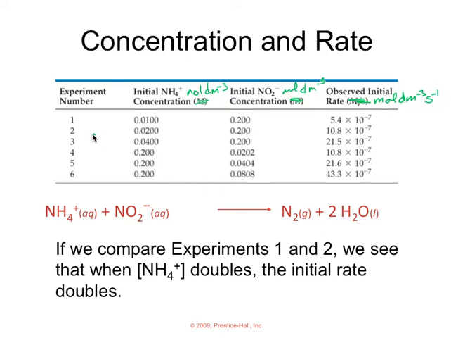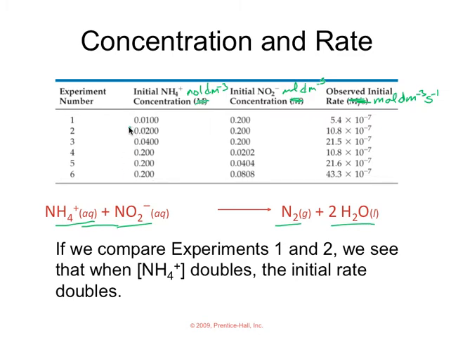Here is data. We have run 6 experiments changing concentrations. Okay, some of them you notice are the same, and then they differ, and we can see the impact on the rate. The equation that we're working with is ammonium ion reacting with the nitrite ion to form nitrogen gas and liquid water.